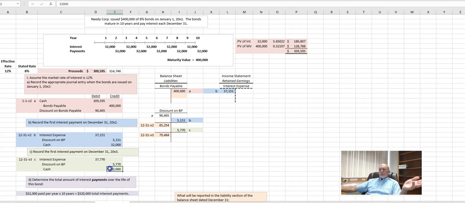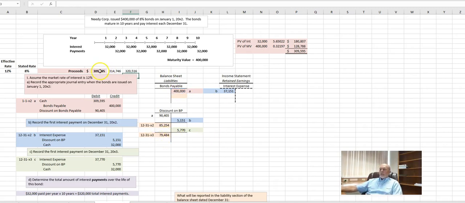The cash, of course, comes from the contract, and so we have a slightly different amount of the discount to amortize in the second year. So at the end of the second year, after that second amortization, the discount's a little bit smaller, and so now the new carrying value at the end of the third year is 400 minus that remaining discount.